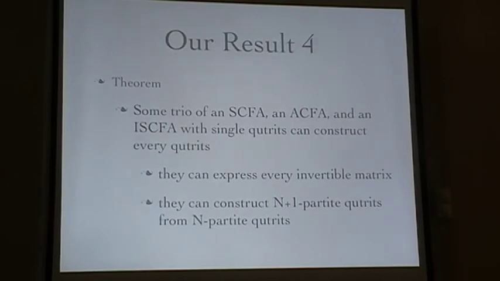And the same thing can be true for an SCFA, an ACFA, and an ISCFA. They can express every three-dimensional invariant matrix, and they can construct n plus one partite qutrits from n partite qutrits. So using these properties, they can construct every qutrit with the help of single qutrits.